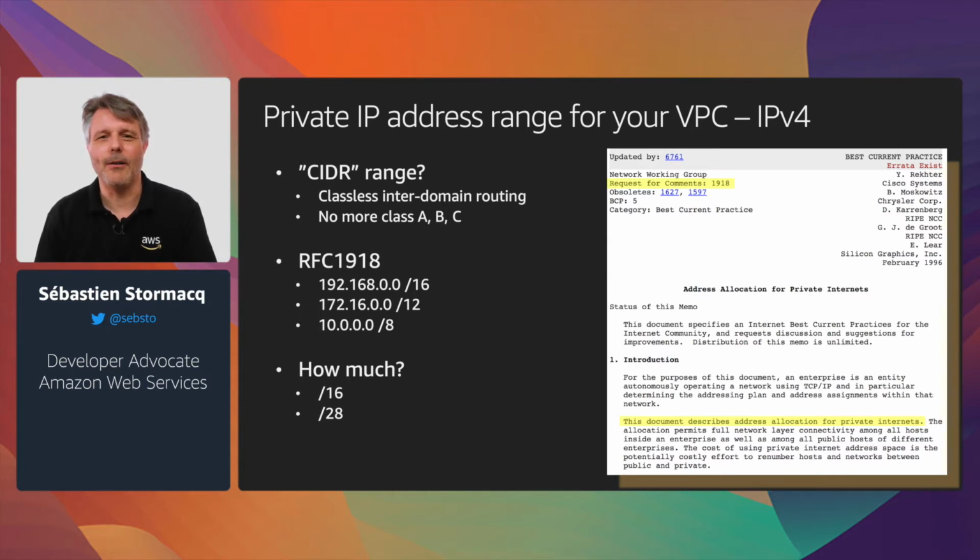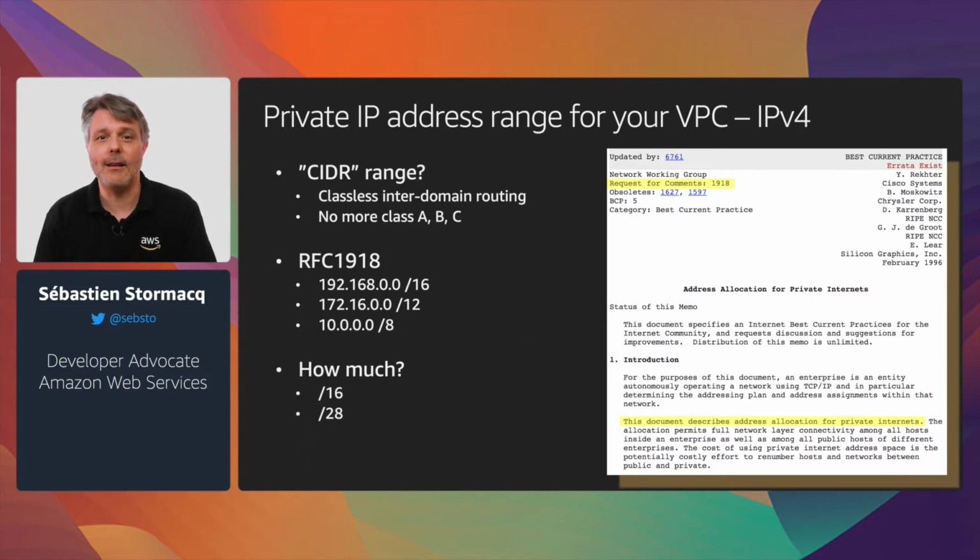We use a fixed notation to delimitate the bits and bytes that are part of the network number and the bits and bytes that are part of the host number. And you indicate with slash and a number the number of bits that are fixed for your network, that are the network number. So for a VPC, you can go from a network as large as /16 out of a 32 bits address.